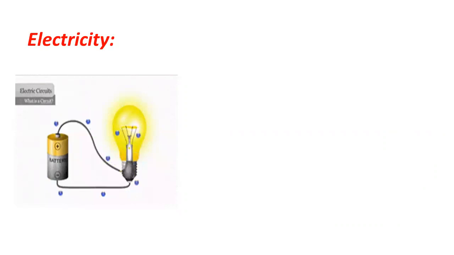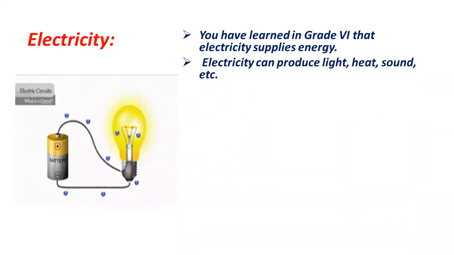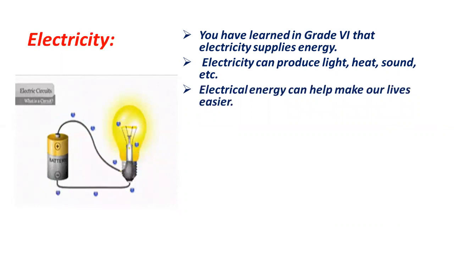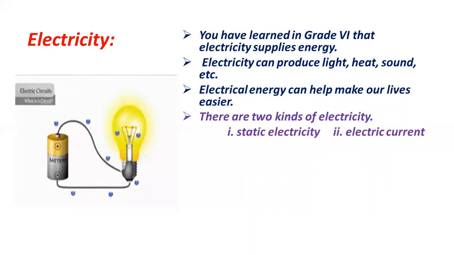Electricity. Dear students, we have learned in grade 6 that electricity supplies us energy. Electricity can produce light, heat, sound, etc. Electrical energy can help make our lives easier, and we have learned that there are two kinds of electricity: static electricity and electric current.